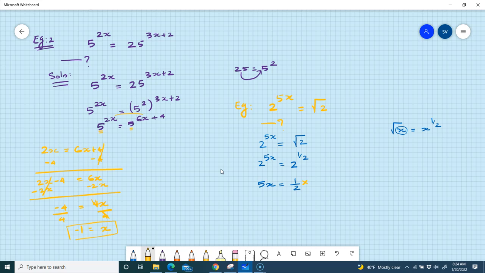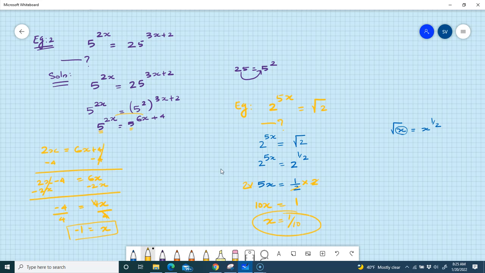So I'm trying to eliminate the fraction by multiplying by 2 on both sides. So 10x is equal to 1, yeah, because 2 and 2 got cancelled out. So from this, x is equal to 1 by 10. So this is the actual answer, the solution.